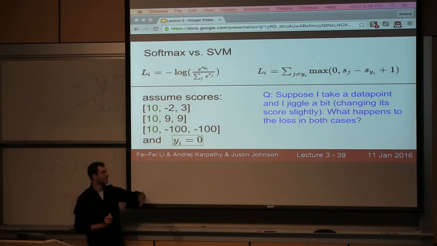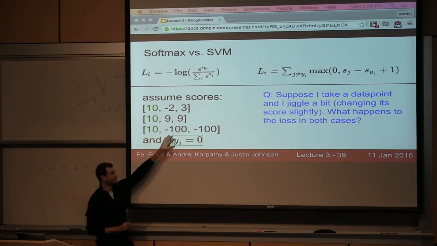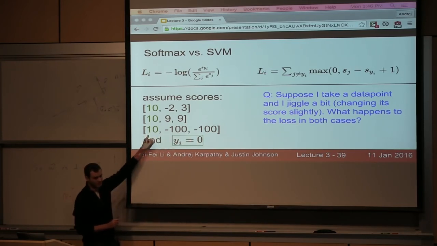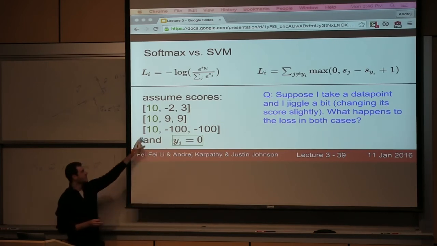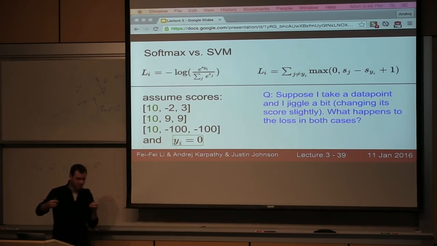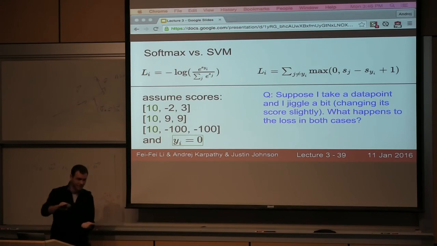That's right. So if I understand correctly, softmax would already give 0 probabilities here and 1 here, so if I jiggle this around, nothing's changing. I think the loss would definitely change for softmax, even though it wouldn't change a lot. So softmax still expresses preference, whereas SVM gets you identically 0, right?